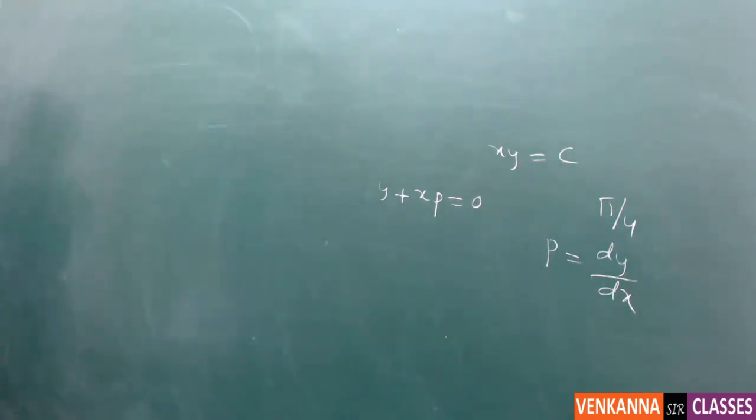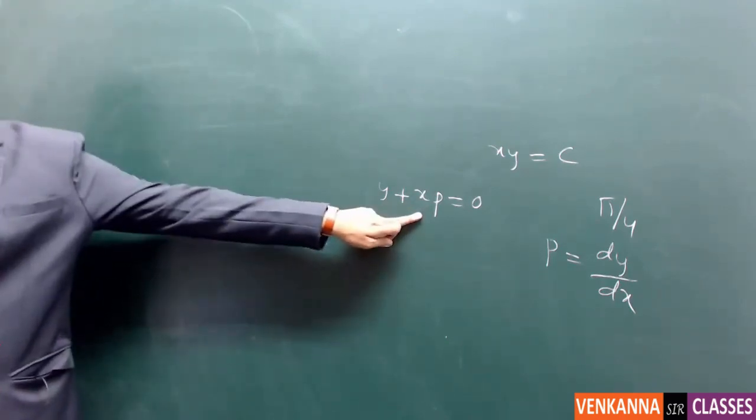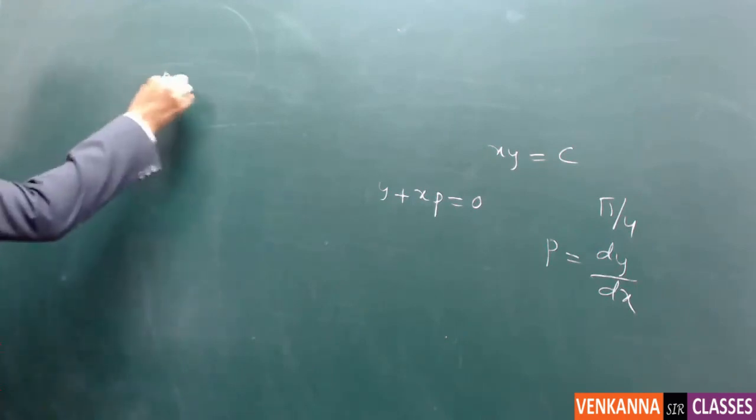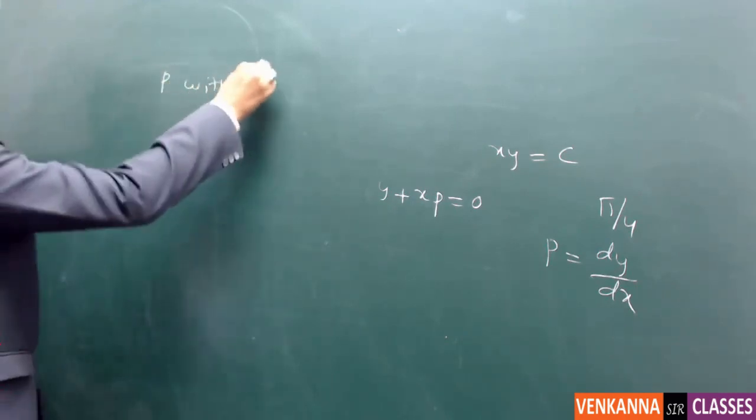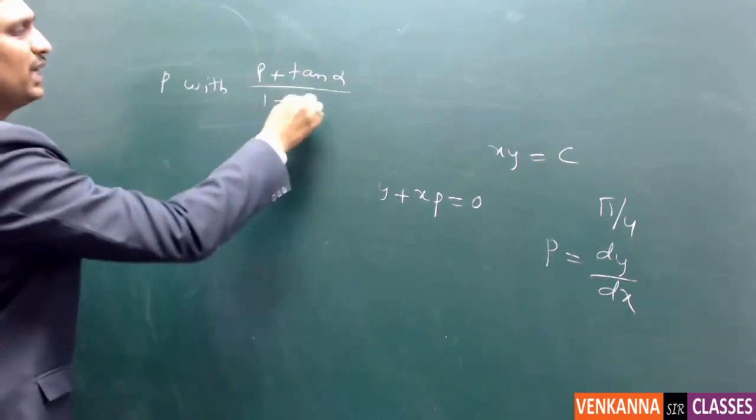Accepted? Right. So in this differential equation, we have to replace p with p plus tan alpha by 1 minus p into tan alpha.